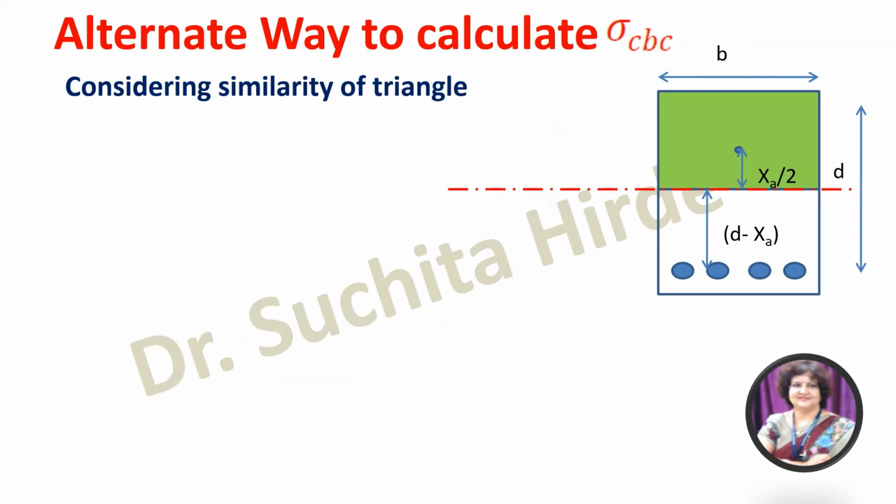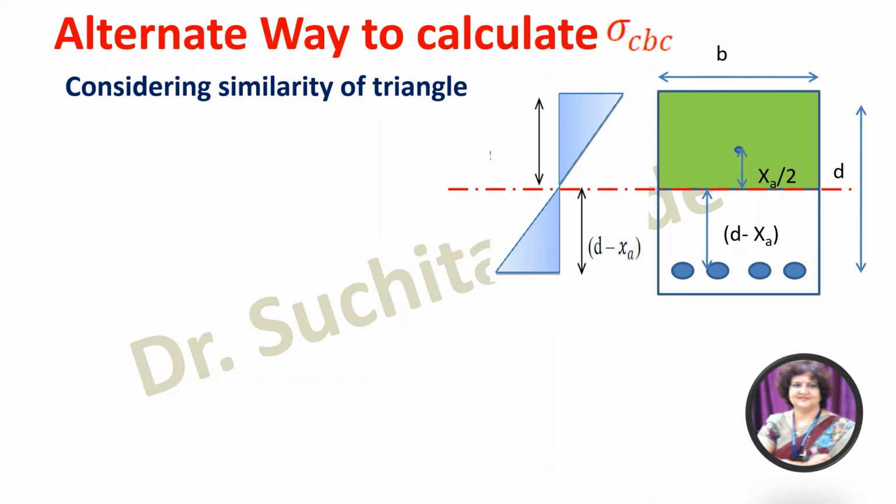This is the alternate way. You can use any one way, whichever you find easier. So here we draw the stress diagram. This is called equivalent stress diagram because we are considering here equivalent concrete area.